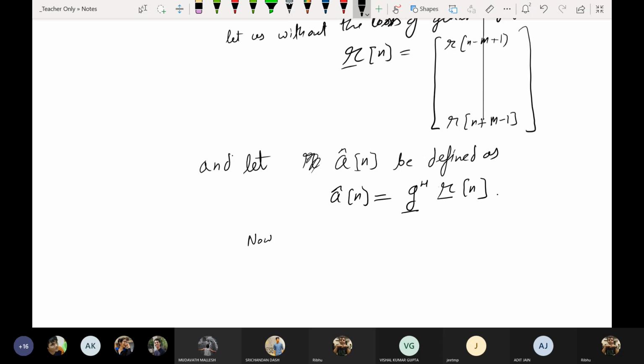Now, G is the channel coefficient or the signal?